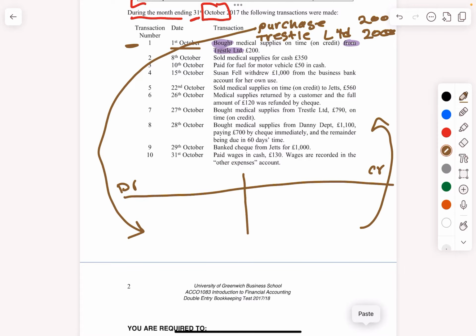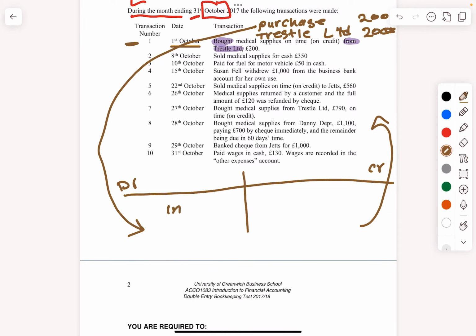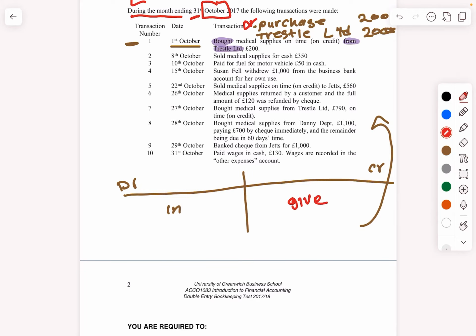That means we have something in, right? That means the purchase will be debited. And Treasure Ltd, when they give us the medical supplies, that means they gave away something. That means we're gonna credit Treasure Ltd.